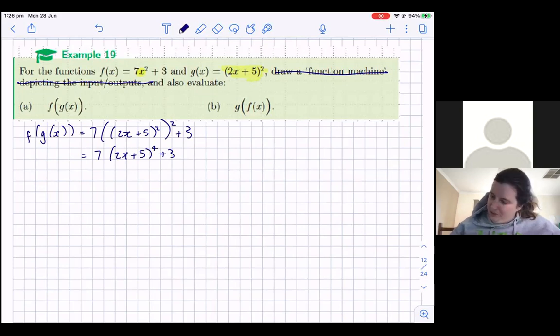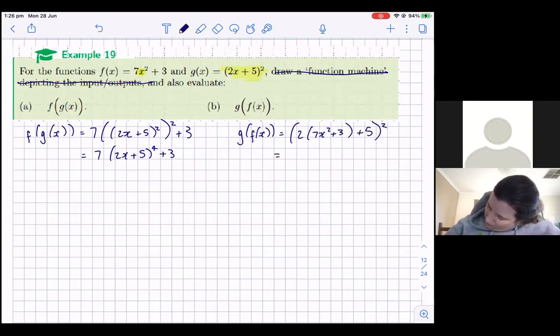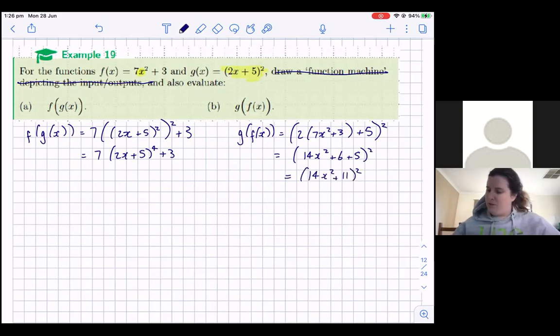You can expand that or not. If I've got g of f of x, then we've got 2 times 7x squared plus 3 plus 5 squared. So this time we've got 14x squared plus 6 plus 5 squared gives us 14x squared plus 11 squared. And I'm not going to expand that.